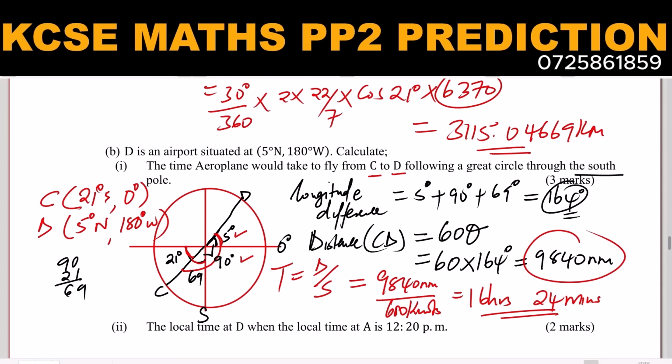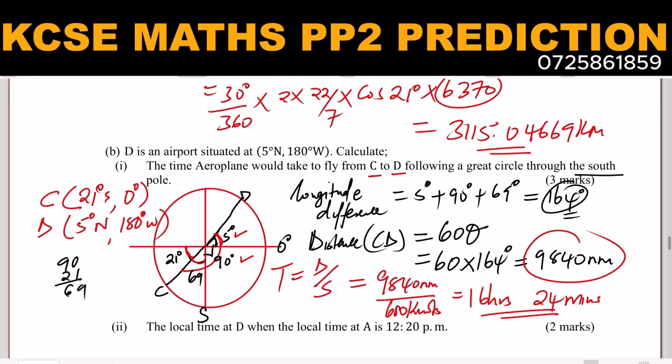So what about 150 degrees? These will be 150 times 4, and these will give 600 minutes. And 600 minutes, if you divide that by 60, these will be equivalent to 10 hours. So 10 hours is the time difference that exists between longitude A and longitude D.